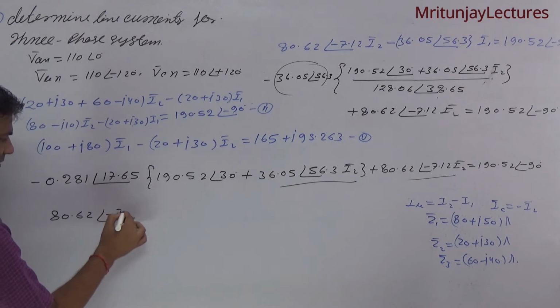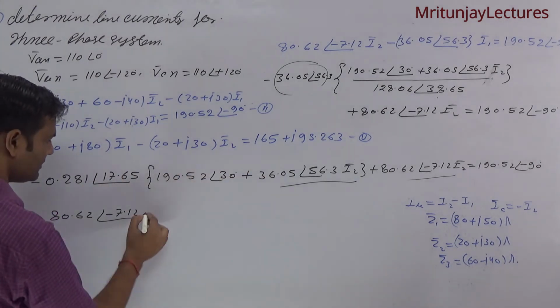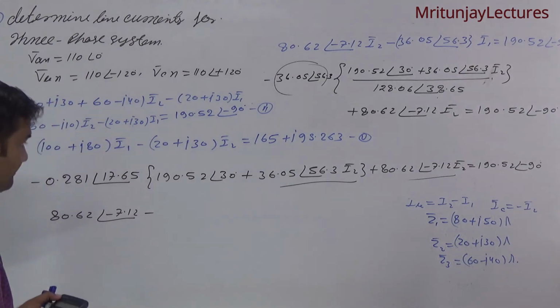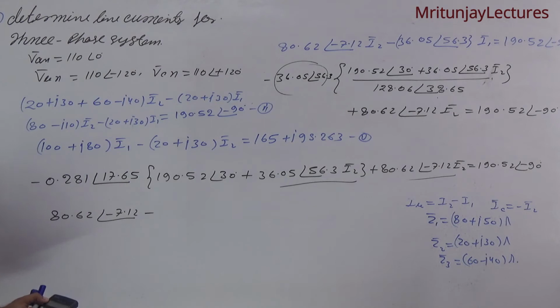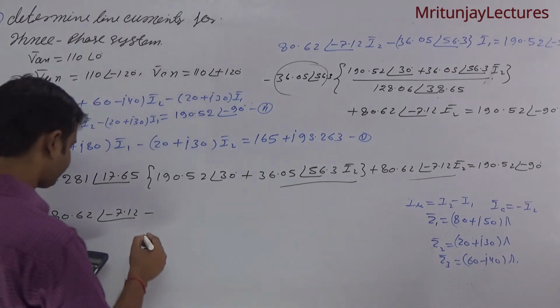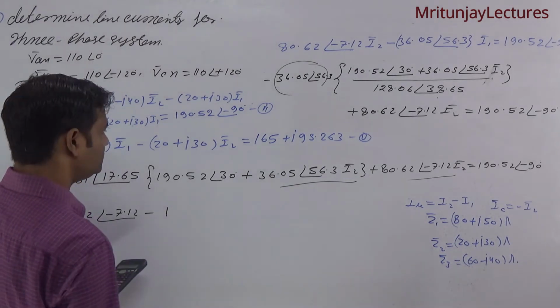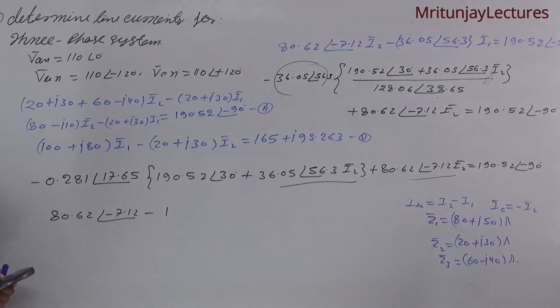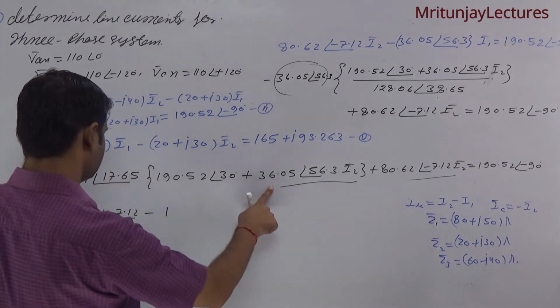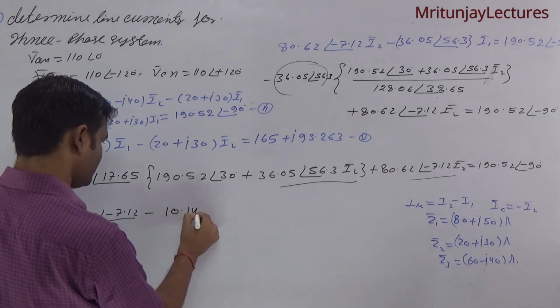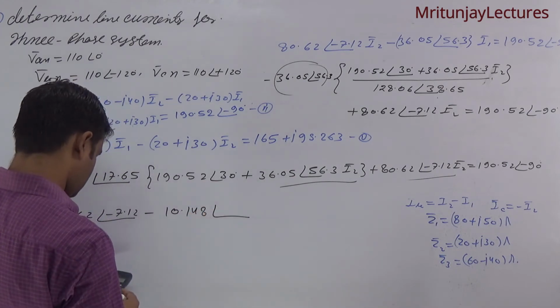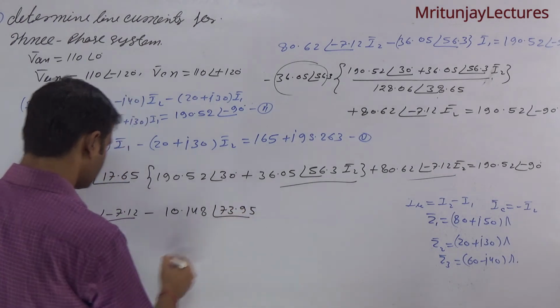Okay, so 80.62 at the angle minus 7.12. If this one multiplies this one, into 36.05 at the angle 56.3, we got, that is, this one and this one, multiplication of this one, we got 10.148 at the angle 73.95 into I2.